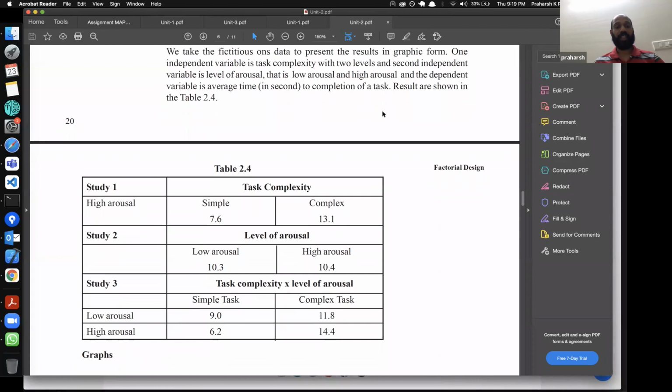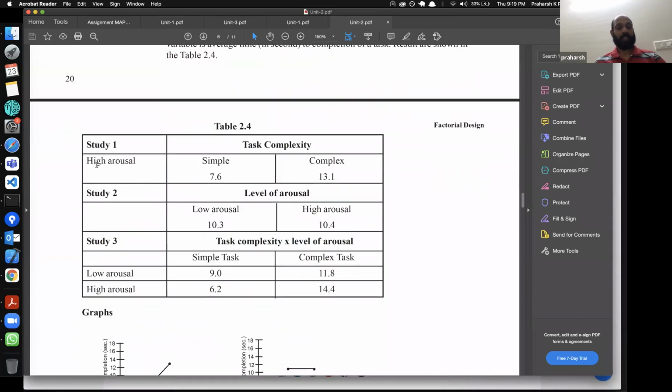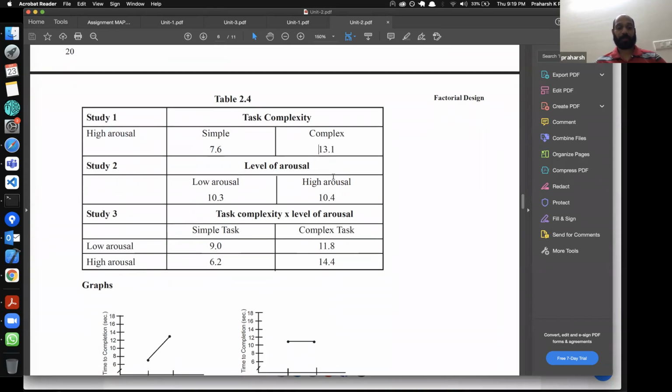In that study, this is a table. For the high arousal state, we conduct the same task, simple and complex. So with a person with a lot of excitement to get the task done, we get this kind of timing. The simple task was done in 7.6 seconds. The complex task was done in 13.1 seconds.